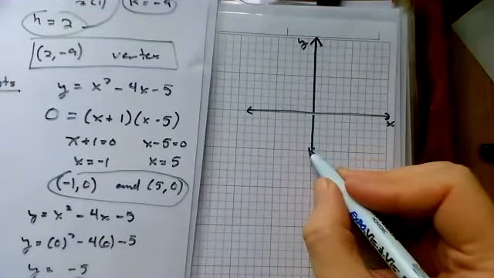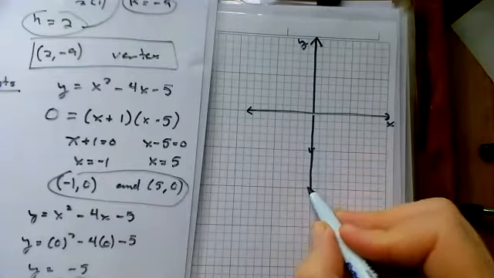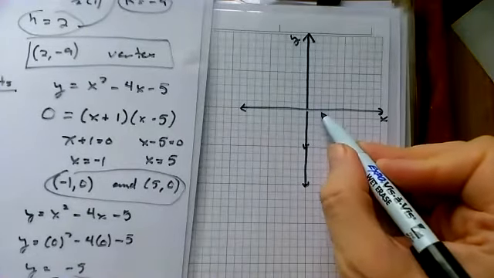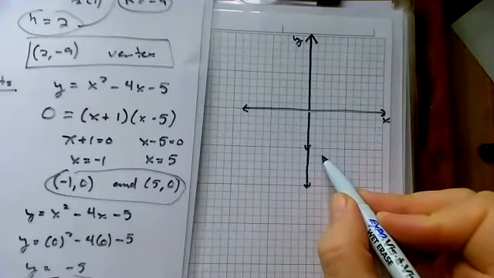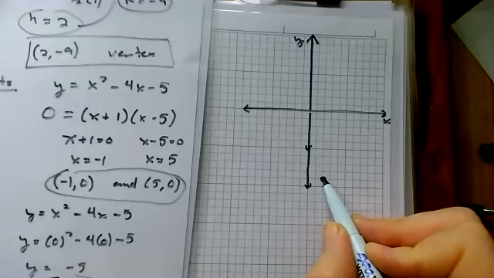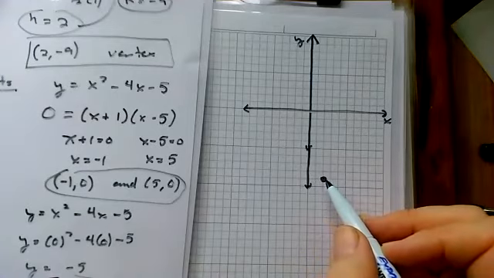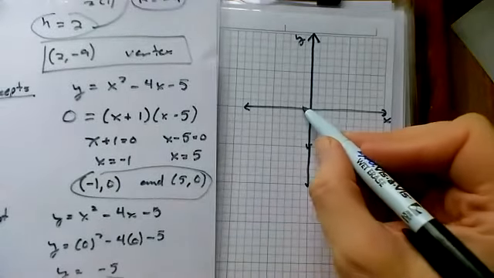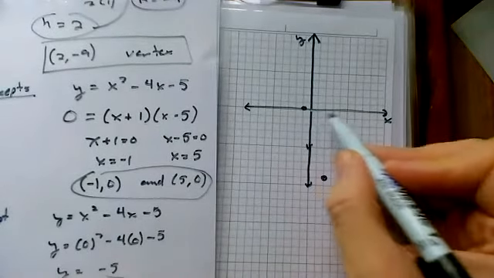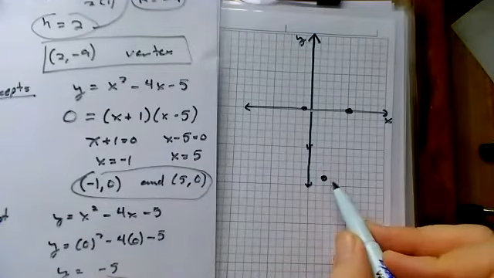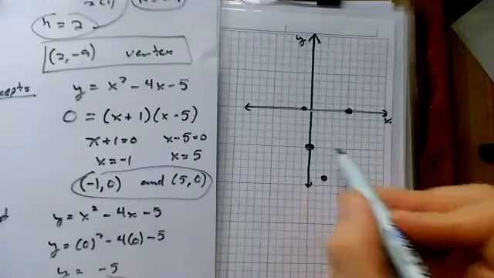I need to extend this down a little bit. When x was 2, y was negative 9, so it's negative 5, 6, 7, 8, 9 right there. I had a point of negative 1, 0 and 5, 0. And I had this point of 0, negative 5 right there.